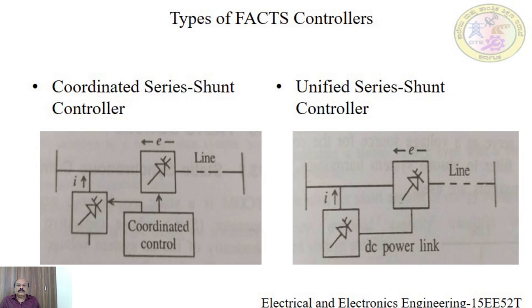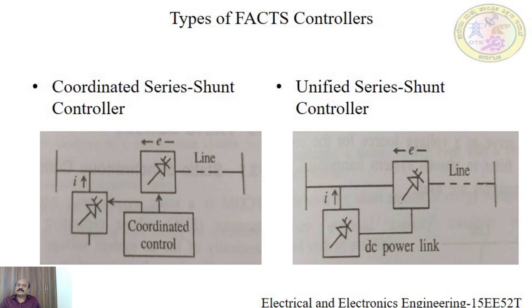Here the series controller and the shunt controller are linked by a DC power link. The series controller injects reactance voltage in series with the line, and the shunt controller injects current at the point of connection. Since these two are interlinked by a DC power link, there may be exchange of power also.